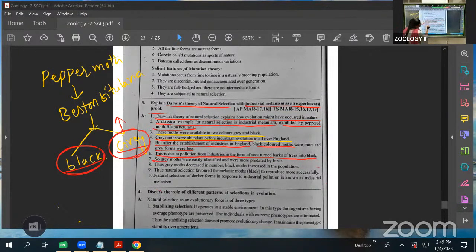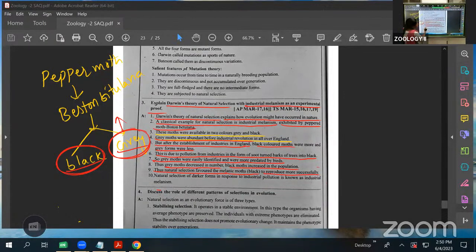So the gray moths were easily identified and were more predated by birds. That's why gray moths are reduced after the industrial melanism. Thus the gray moths decreased in number, and black moths increased in the population. Natural selection favors the melanic moths, meaning black moths, to reproduce more successfully.